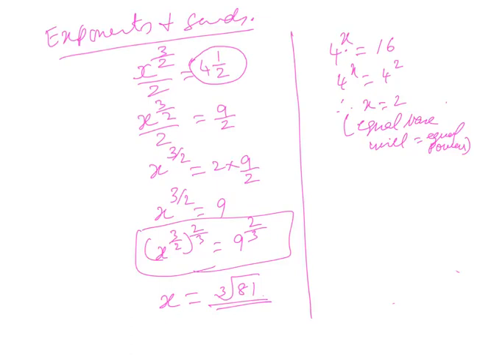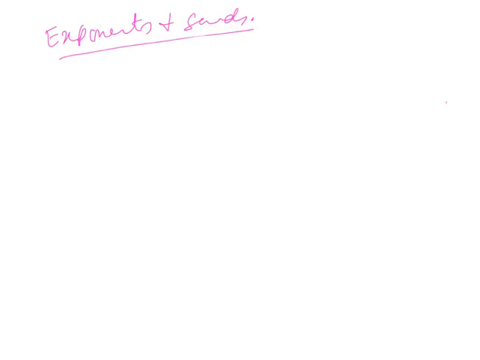We also have exponents that involve quadratics. So it is exponents and quadratics. Let me take two sets of questions that we normally come across. This is 2 to the power of 2x minus 6 times 2 to the power of x is equal to 16.